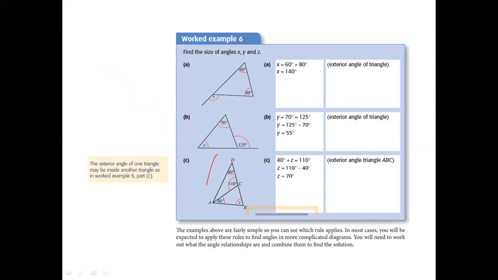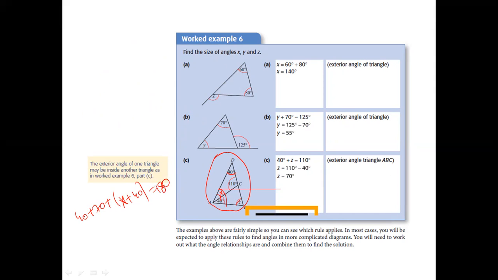So look at the big triangle: 40, 70, and x. 40 plus 70 plus x, because this whole part of the angle, is equal to 180.